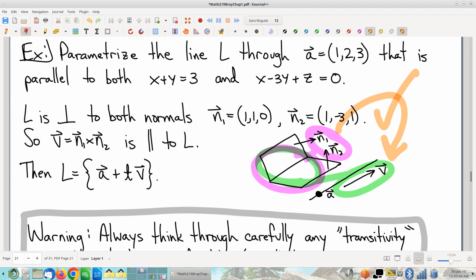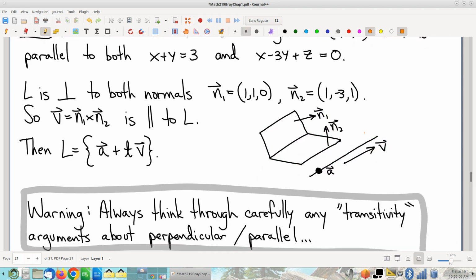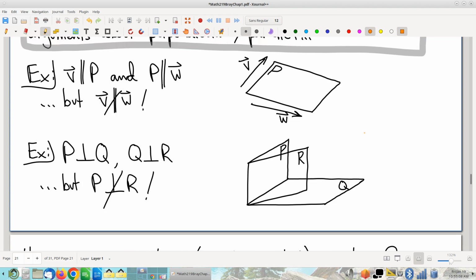But just be careful, because not everything that on paper looks like it ought to work actually does. So it's very tempting, for example, to look at this: what if V is parallel to P and P is parallel to W? Doesn't it kind of scream, well, then V must be parallel to W?